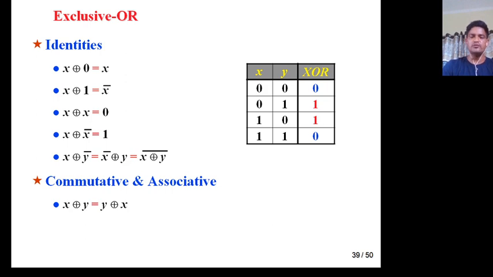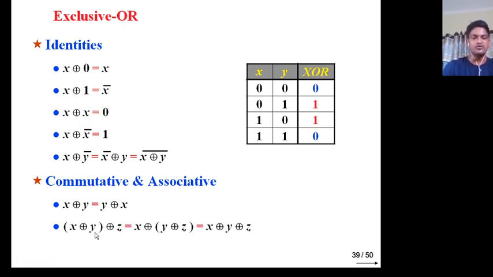Commutative and associative law: X XOR Y is always equal to Y XOR X. 0 0 XOR equal to 0, 0 1 XOR equal to 1, 1 0 XOR equal to 1. Means irrespective of the order of the variables, the output gives the same result.